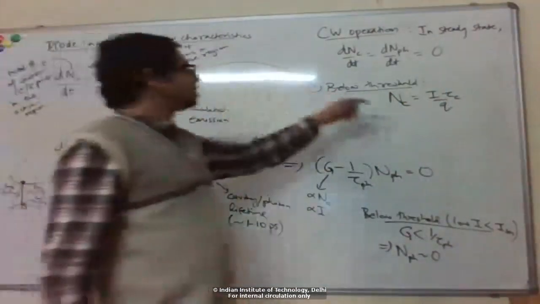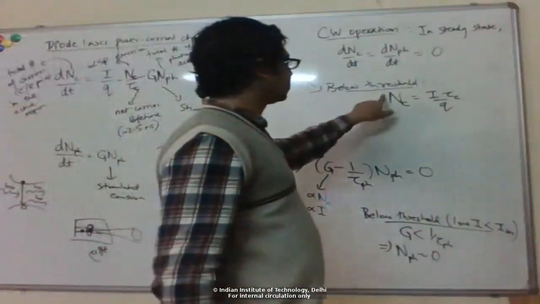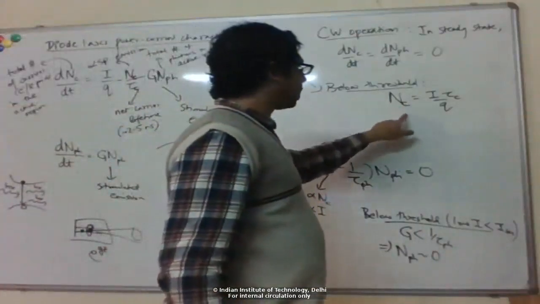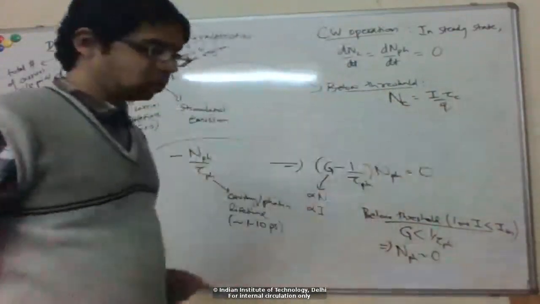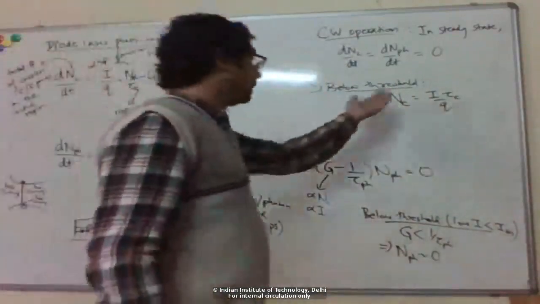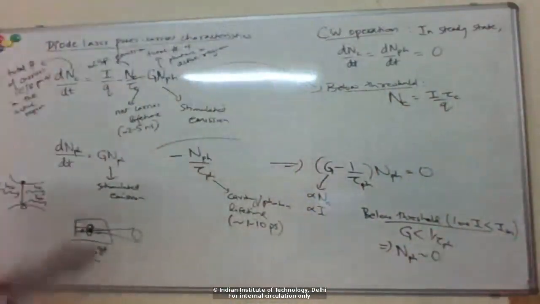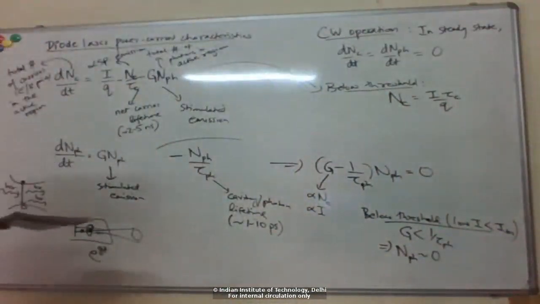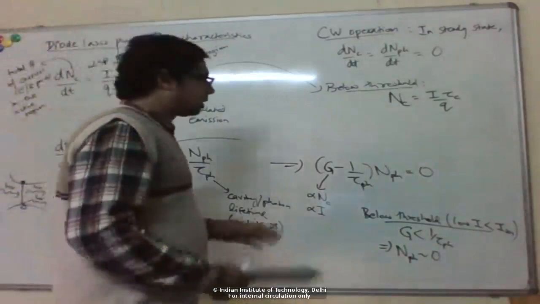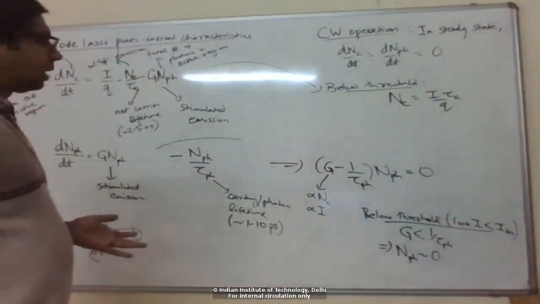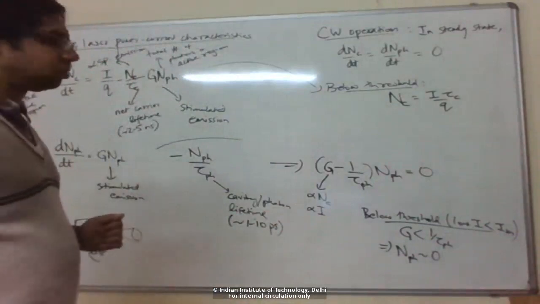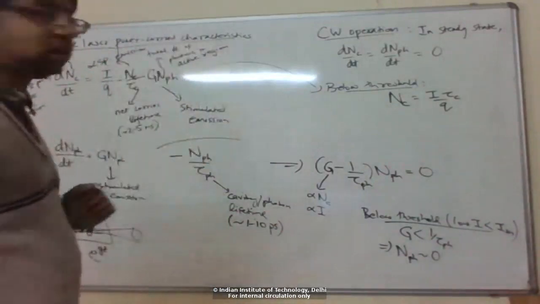And if there is a spontaneous emission rate which is NC divided by tau R, that will give you how many photons are coming out, just like the LED. So below threshold, the laser is operating like an LED, and the output power is very small compared to what we get above threshold.